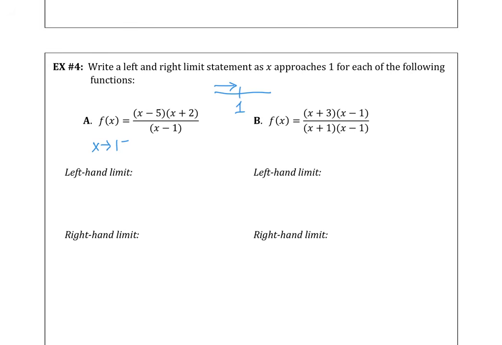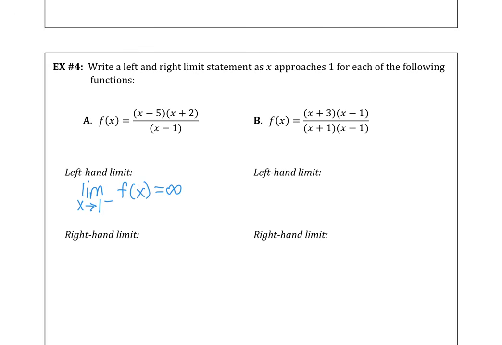So in the fraction, we've got a negative number and a positive number and then a negative number. So we've got a negative divided by a negative, and the y values are heading to a positive number. So the left-hand limit, as x approaches 1 from the left, for our function f of x, is going to go up, unbounded up.